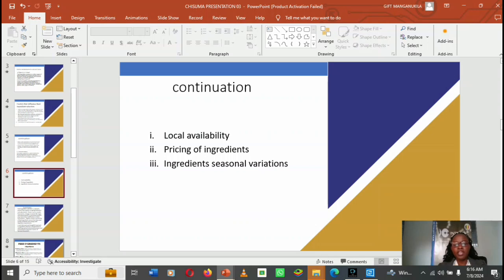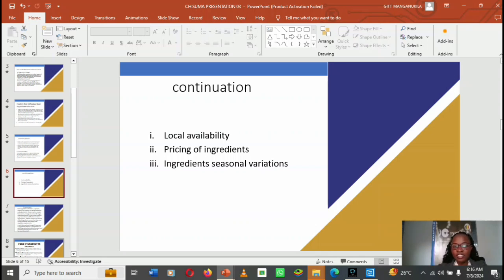So ingredients, seasonal variation. When you look at some ingredients, they are more available in some seasons and less available in others. That's why we need to ensure that we select ingredients that are readily available in all seasons, at least.